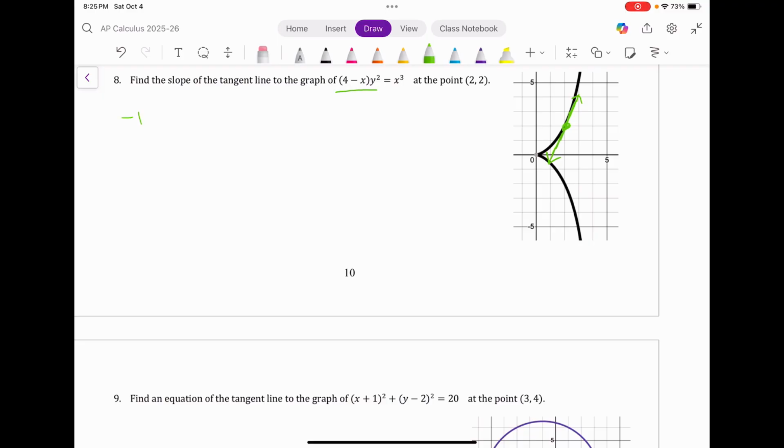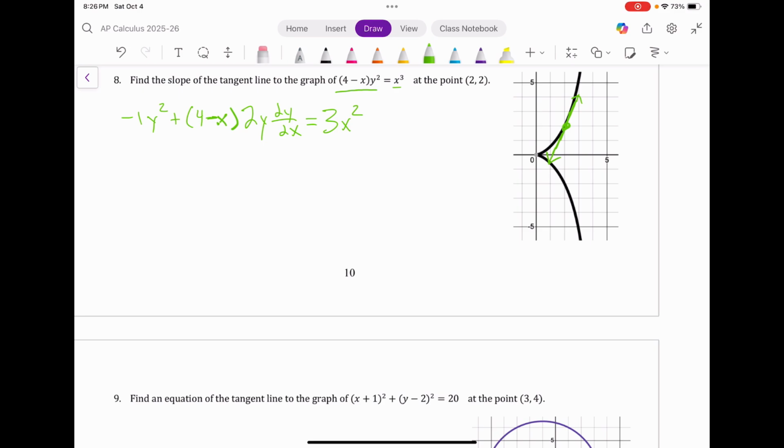Negative 1, right? And then times y squared. And then plus 4 minus x, times the derivative of y squared, which is 2y dy dx. Okay, so we just use the product rule on the left side. And then the derivative of x cubed is 3x squared.